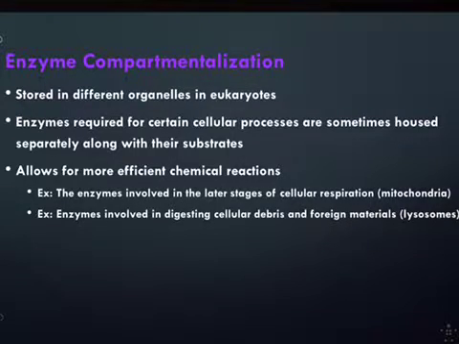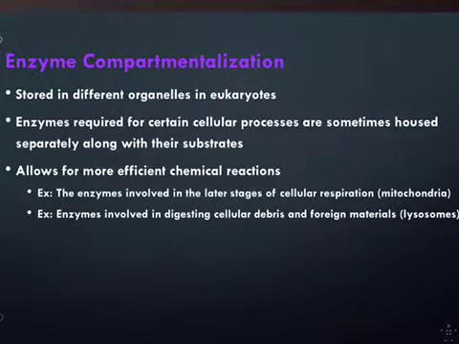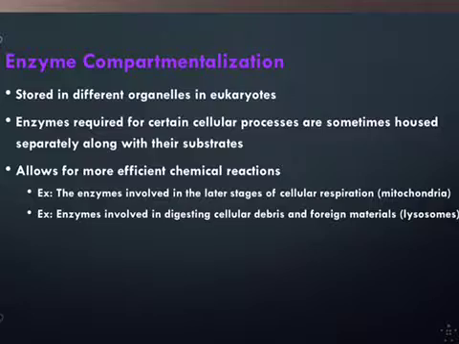They break things down. So remember, since enzymes are so specific to the reaction for which they work, they will also be specific to where those reactions happen. Make sense?